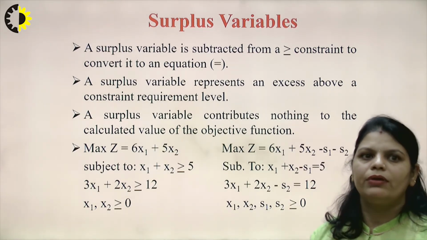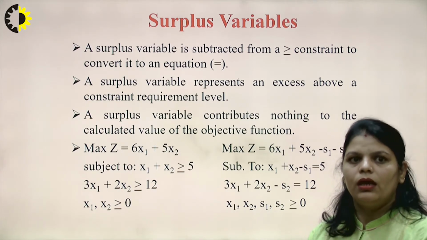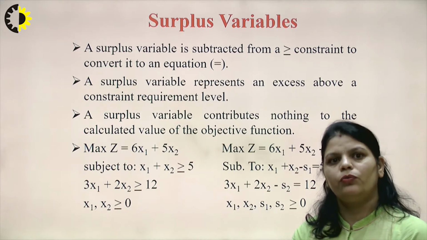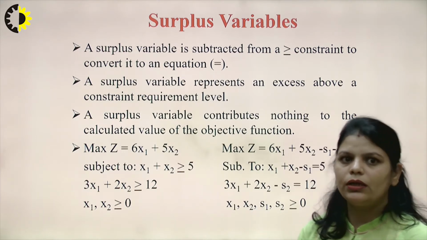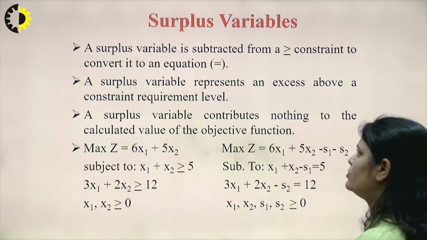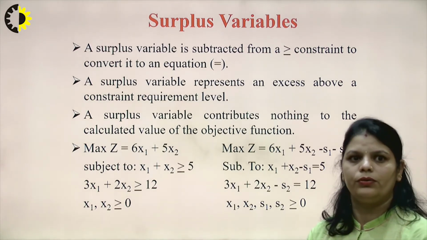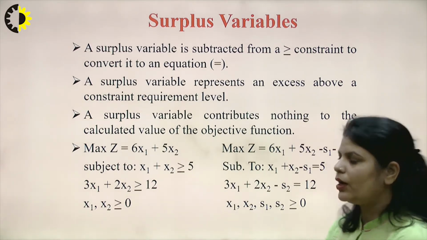So if we have this symbol in our constraints, then we will subtract a value from the left hand side to convert it into the equation. A surplus variable represents an excess above a constraint's requirement value.